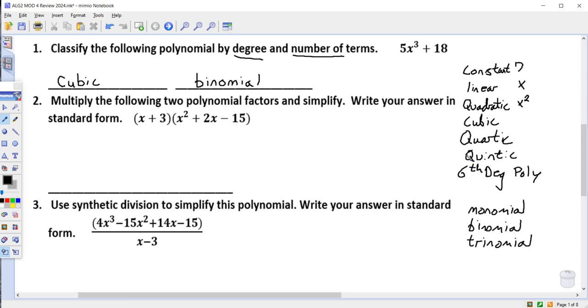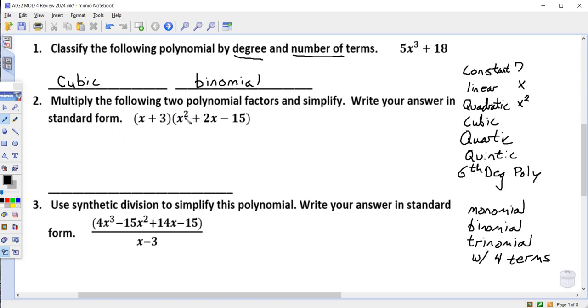And then after that, we would just say a polynomial with 4 terms, 5 terms, 6 terms, whatever we have. So if we have a quintic with 5 terms, we say a quintic polynomial with 5 terms.